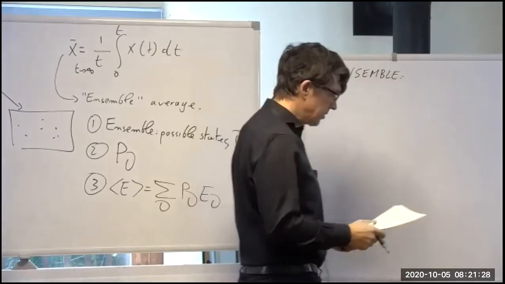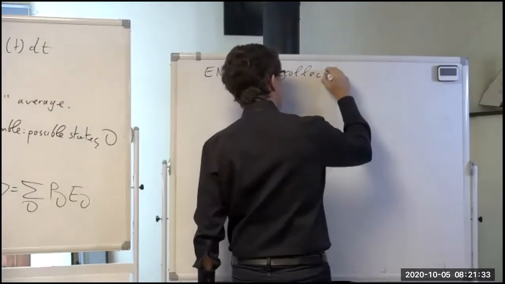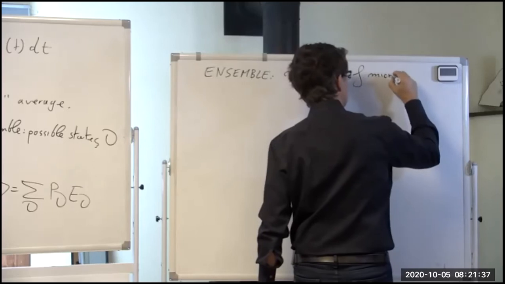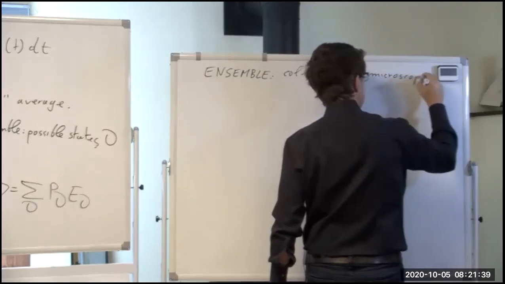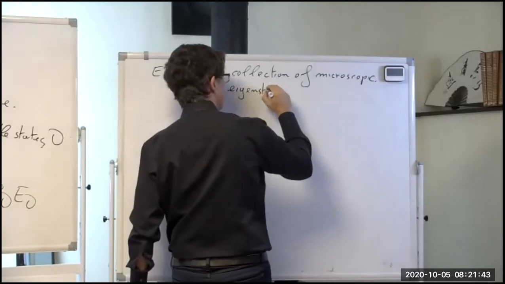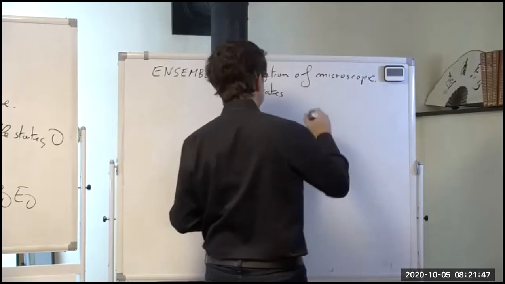Okay. So what is an ensemble? An ensemble is the collection of microscopic eigenstates that are consistent with the boundaries.